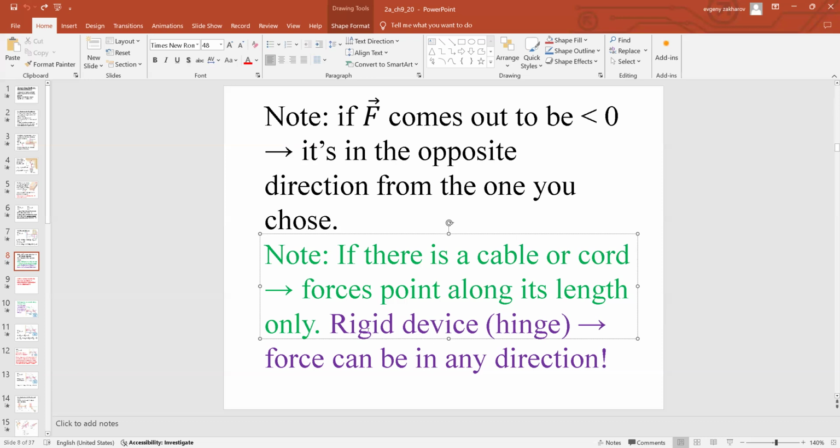But if there is a rigid device, namely a hinge, then any direction is possible for the reaction force from the hinge. So hinge, anything is possible. Cable, cord, or string, it's always along the cable, along the cord, or along the string. The tension is always like that.